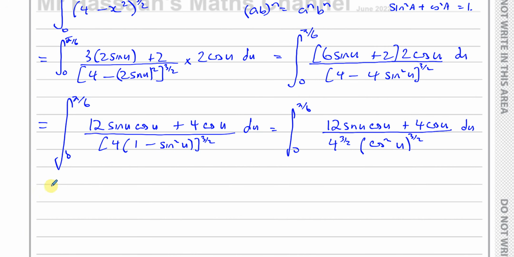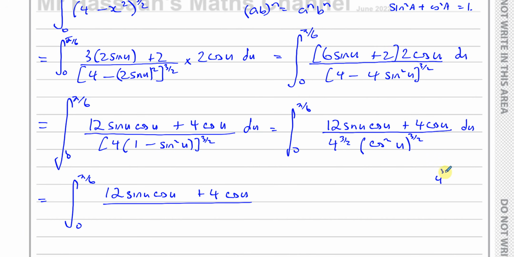Now, that gives us pi over 6 still. It doesn't really look much like what it should do, but what we can do now is put 12 sine u cosine u plus 4 cosine u divided by, now 4 to the power of 3 over 2 is the square root of 4 cubed, which is going to be, the square root of 4 is 2, 2 cubed is 8.